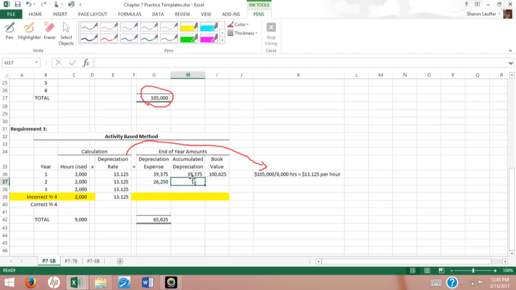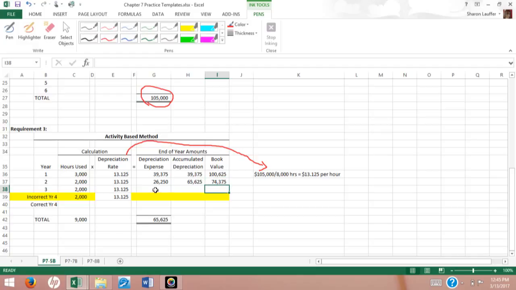So we add the previous depreciation to the current depreciation. We're going to get accumulated depreciation of $65,625. Our book value is $140,000, which was the purchase price, less our accumulated depreciation, which is $65,625, gives us a book value of $74,375.